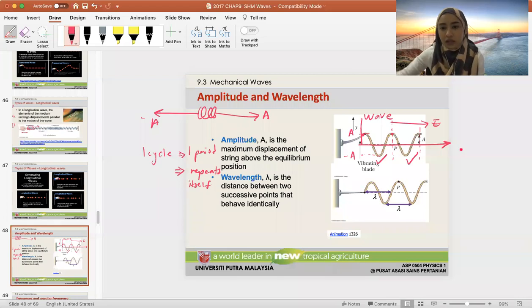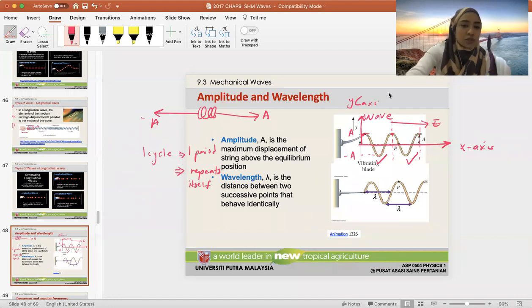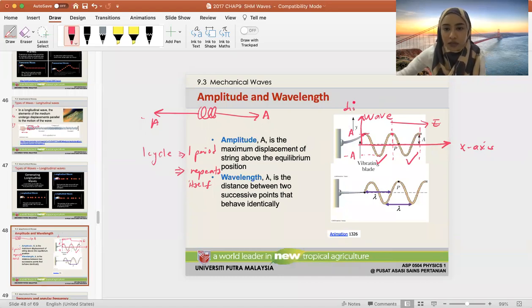So this is A, this is your x-axis, this is your y-axis, which is usually your displacement. Okay, displacement. Let's write displacement. Meters. Okay. So when it starts repeating itself, that means it has reached one cycle, right? So this one cycle means one period.